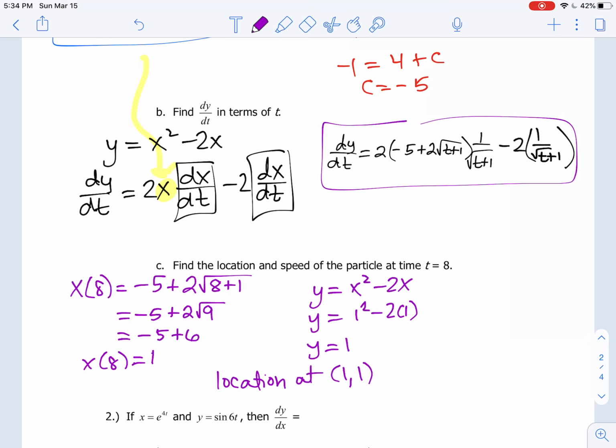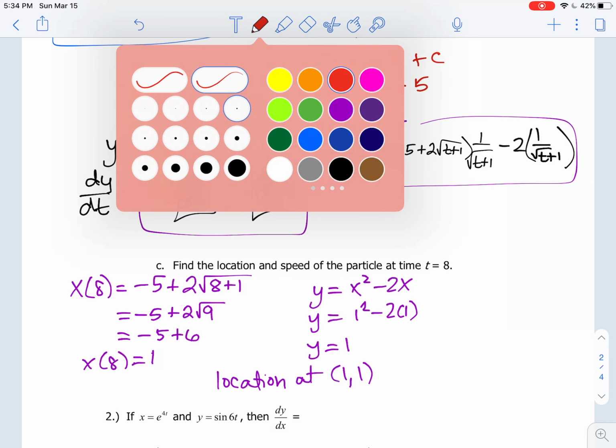But then let's see here, the speed, then I'm going to have to find what? dy/dt and dx/dt, and then find the magnitude of those. I wonder if I might be better off using this part for dy/dt. Let's see here.